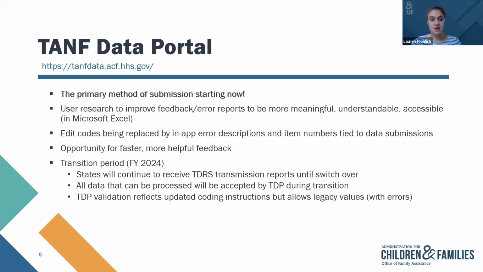But what the legacy edit codes are being replaced by is in-app error descriptions with item numbers tied to data submission so that it's more clear where there's an error and why. And the data portal really provides an opportunity for faster and more helpful feedback. So like I said, in this transition period, states are going to continue to receive these older transmission reports until there's a more formal switchover.